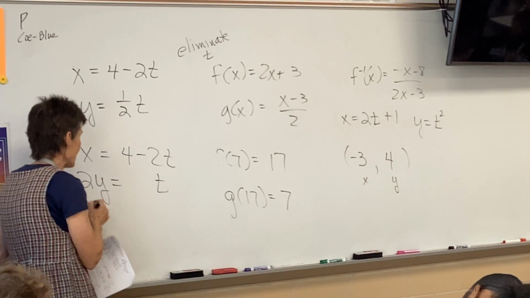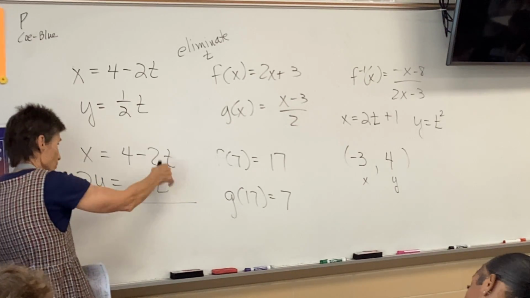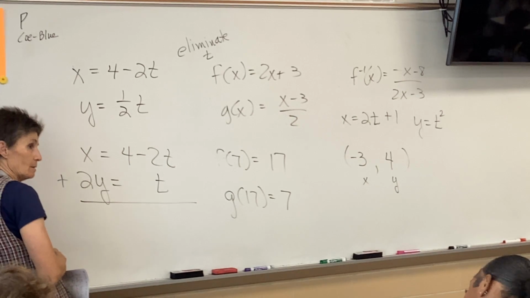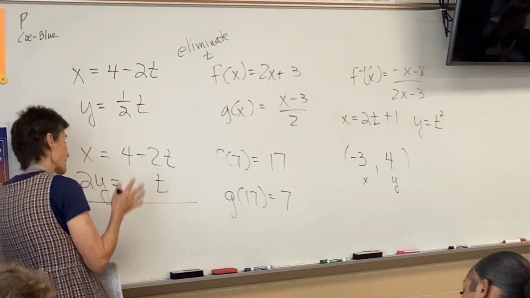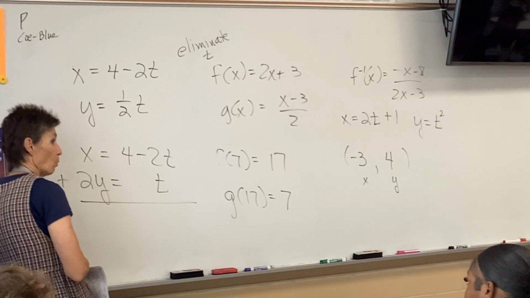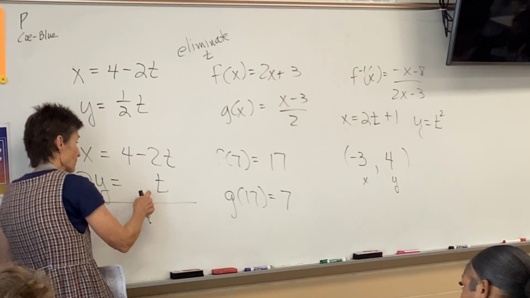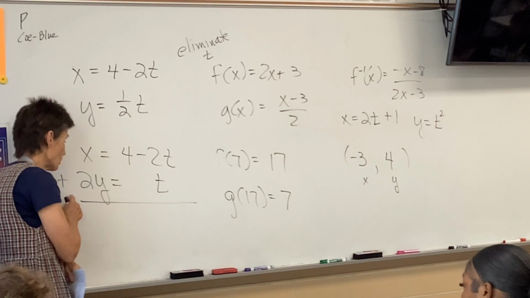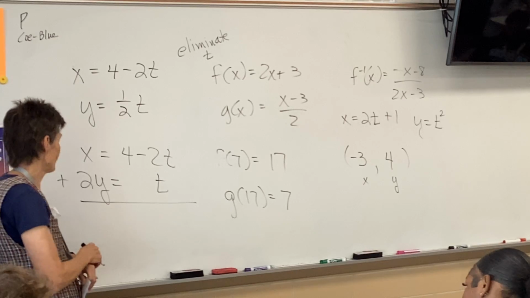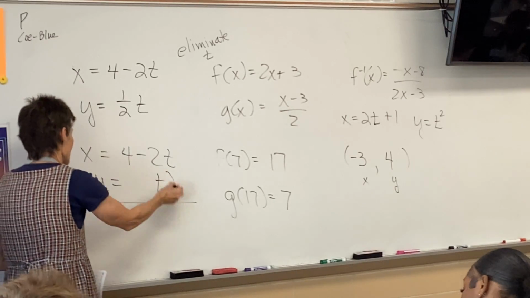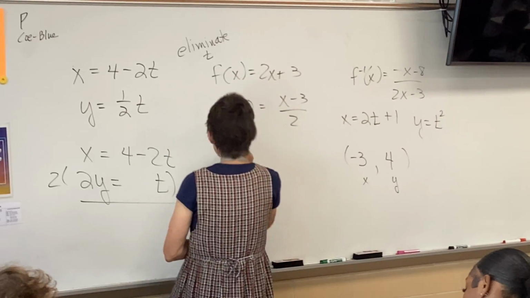Now, if I'm eliminating t, let's look at it right now. If I add these together, will those t's cancel out? No. So I need to do something to make it happen. So what would be a good idea to multiply this equation by so the t's would cancel? 2. So if I multiply this by 2, my top equation is staying the same.